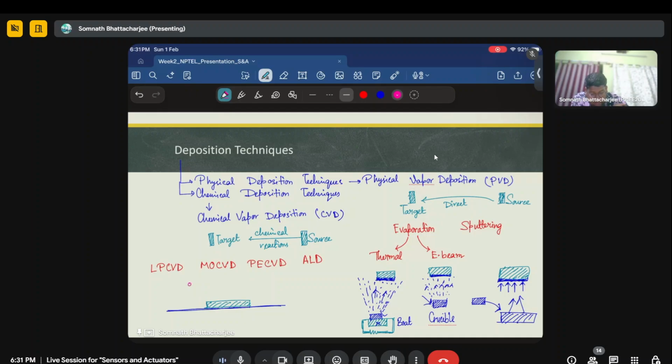Let's say you have a molecule something like this. This molecule will create a chemical reaction with the top surface of the sample, and it will create something like this, and multiple molecules will be stuck onto it.